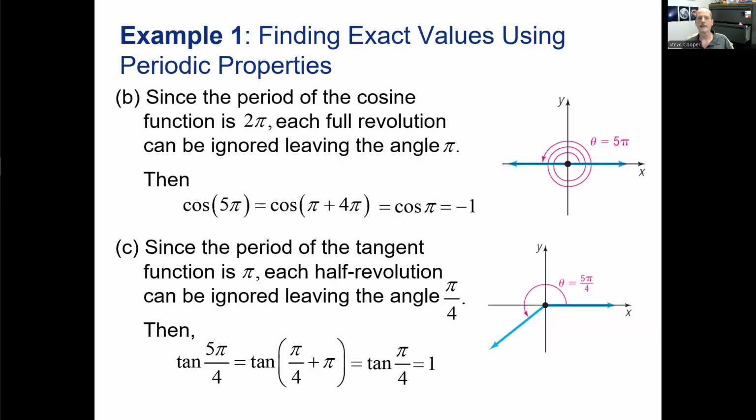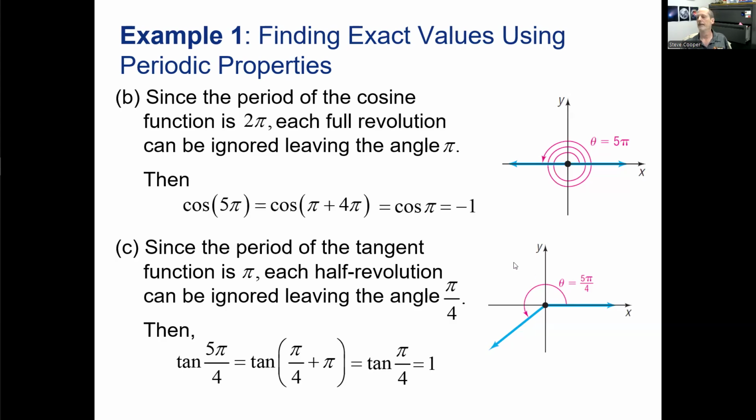All right, so let's continue on here. For this problem C that we looked at, that's the only one you actually could have read directly off the unit circle because 5 pi over 4 is actually within one rotation. But this just shows you that once you go 180 degrees or pi radians, you're going to hit the same tangent result as you do in the other quadrant.